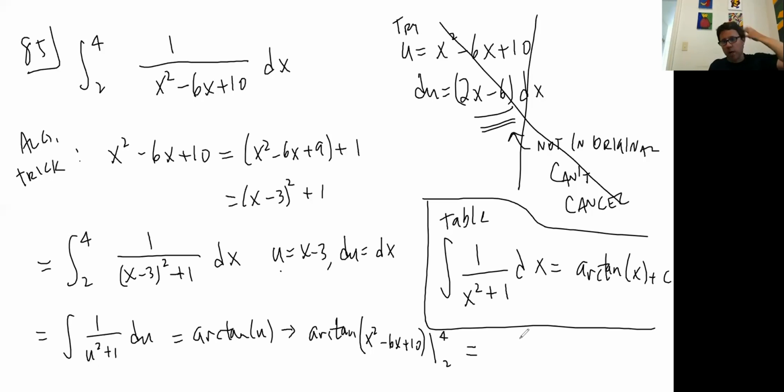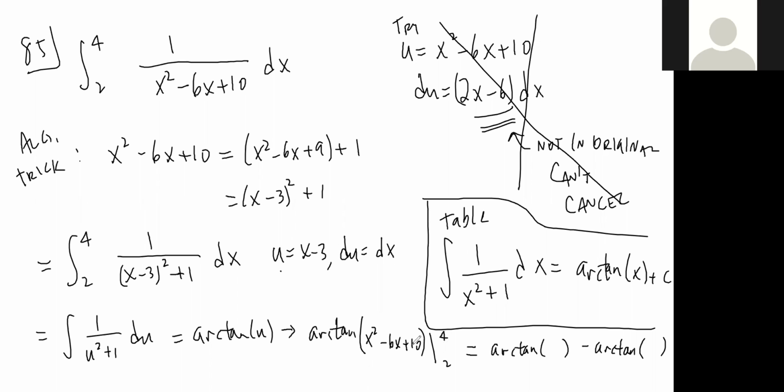And if I do substitute that in, I end up getting the arctan of something minus the arctan of something else. See if we can work out what those are. If I stick in 4, that'll be 16, plus 10, 26.